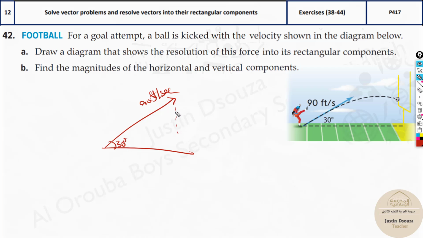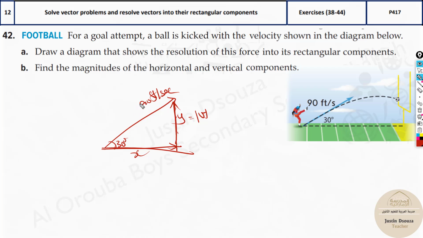Now this is the horizontal x, the vertical y. And the formulas are given by, to find the magnitudes, y is equal to v, this 90 over here, the force. Now we always take the magnitude of this.